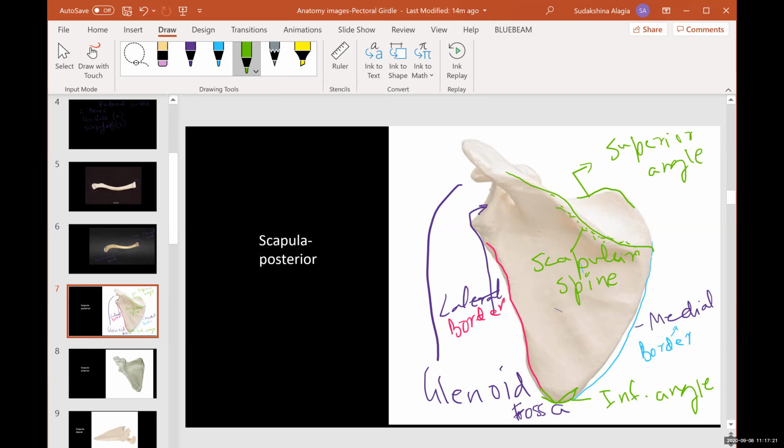As if the scapula has a spine, because it's raised and it gives rise to a clear ridge. So we can see superior angle, inferior angle, medial, lateral border, glenoid fossa, and scapular spine. All of that's visible on the posterior aspect.